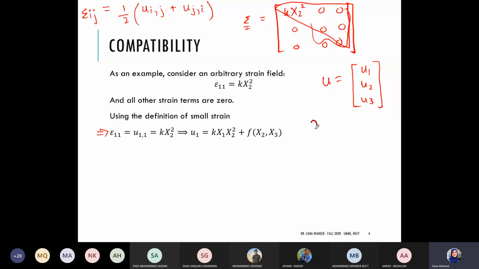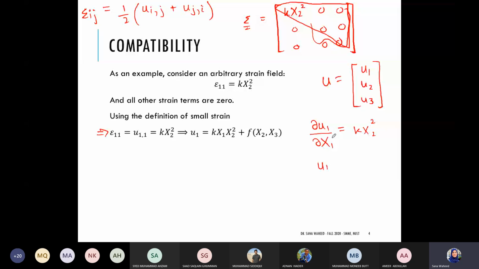This is del u1 with respect to del x1, and this is equal to (kx2) whole squared. If I want to find my u1, clearly I need to integrate this equation with respect to capital X1.